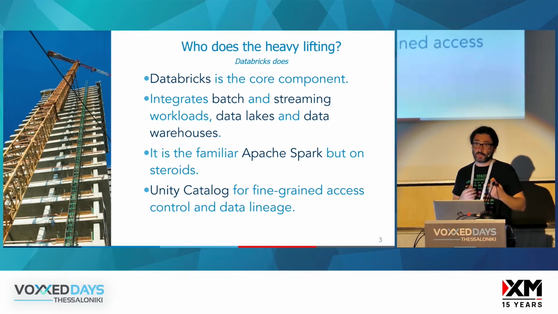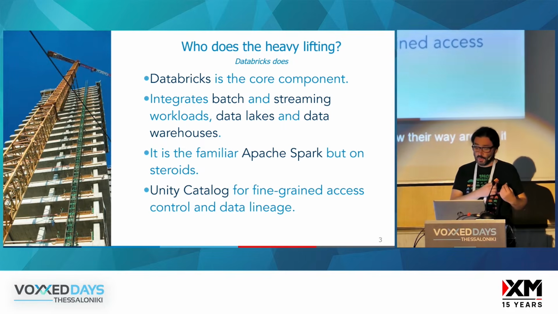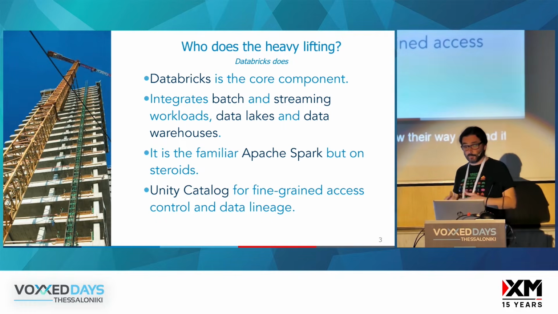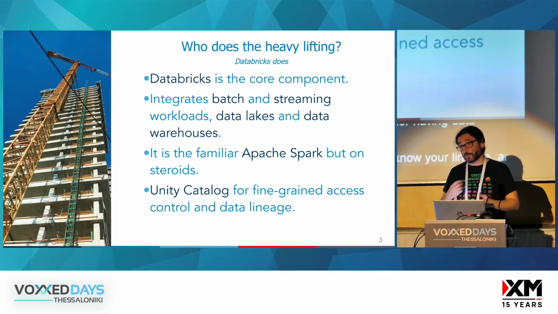There is also the granularity in access control that Unity Catalog gives us, and also data lineage, because it's a big part of Unity Catalog, and the functionality it provides is essential for having data products, because you should be able to give out relevant rights, you should know your lineage, and not all organizations are mature enough to have a proper data governance tool.